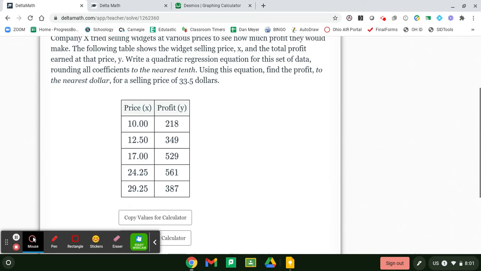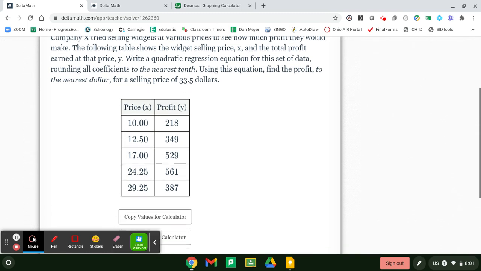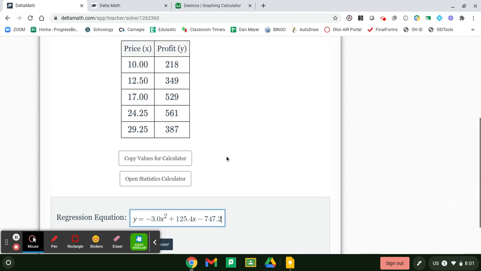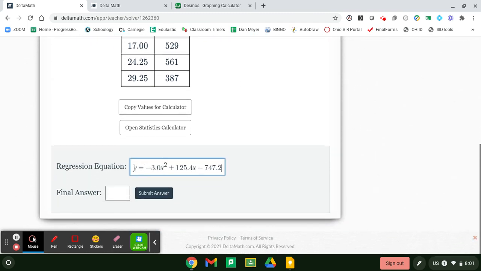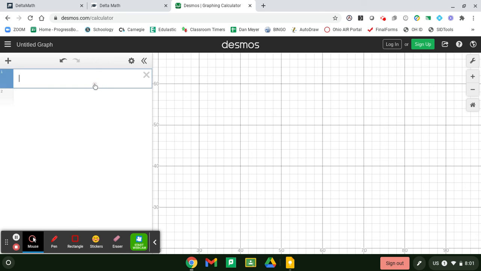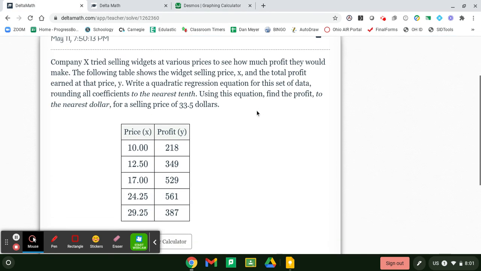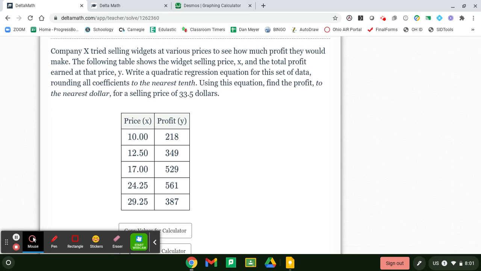Okay, now it's asking, use this equation to find the profit to the nearest dollar if the price per item was 33.5 or 33.50. So I'm going to do the same thing again. I'm going to copy this, go to Desmos, paste it, and then we want to know what the output is if the input is 33.50.